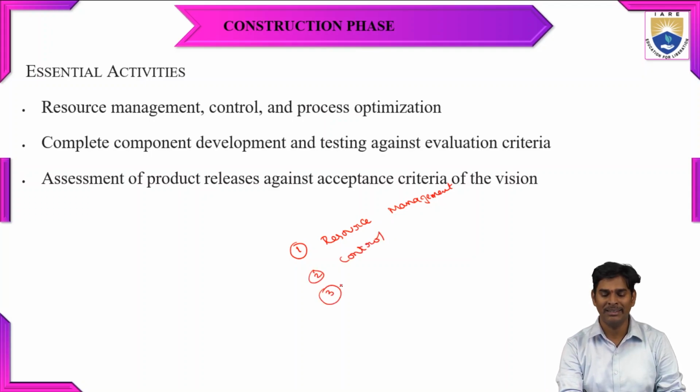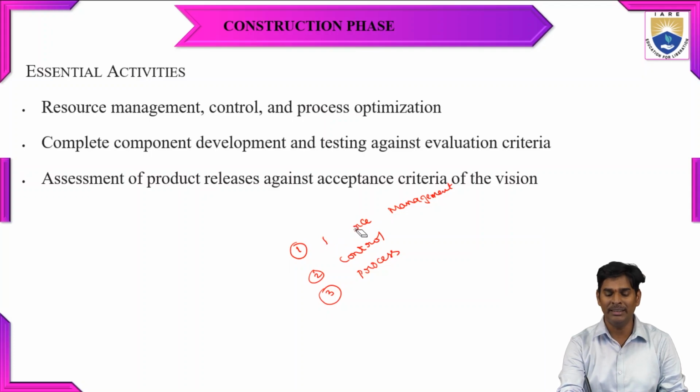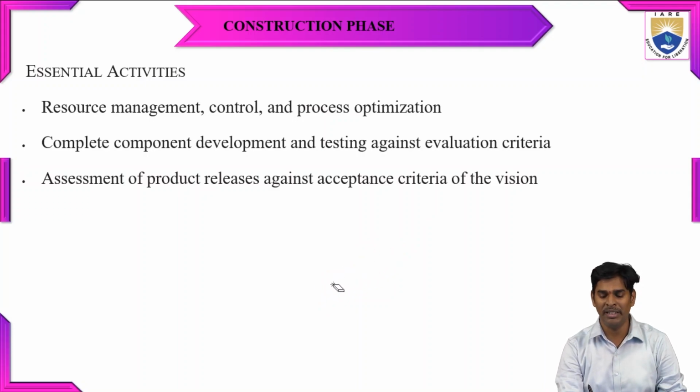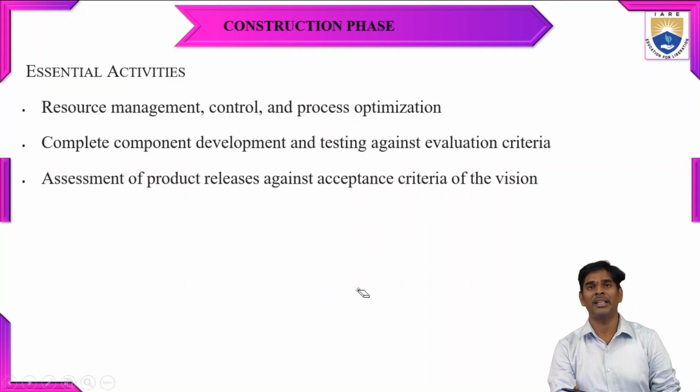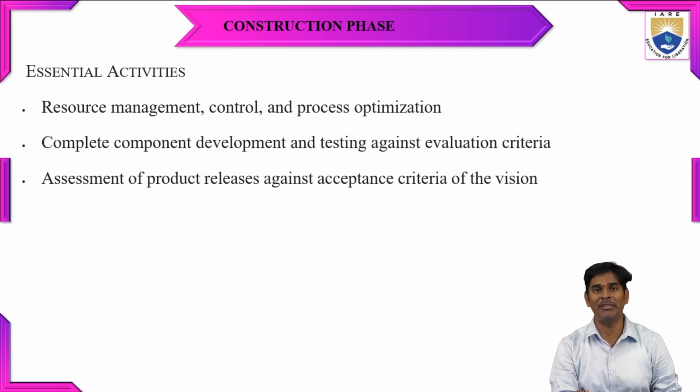And the last one is they need to optimize the process. If you are not optimizing the process, then the rework and the scrap will be much higher. When this is very high, then definitely the diseconomy of scale will increase. When the diseconomy of scale increases, automatically the company will lose on the software project. So that's why they need to optimize the process.